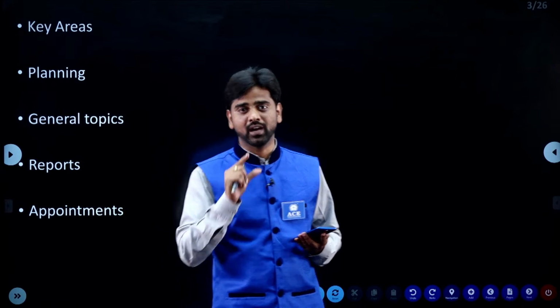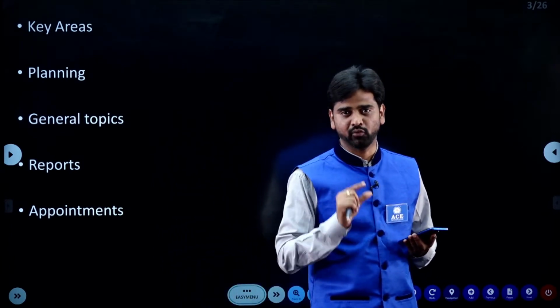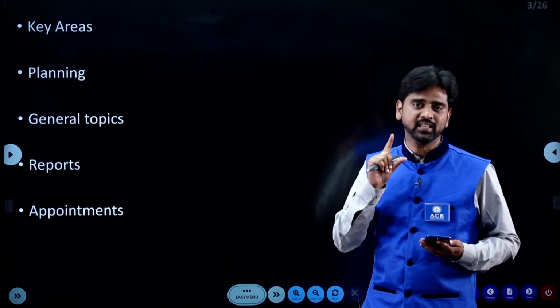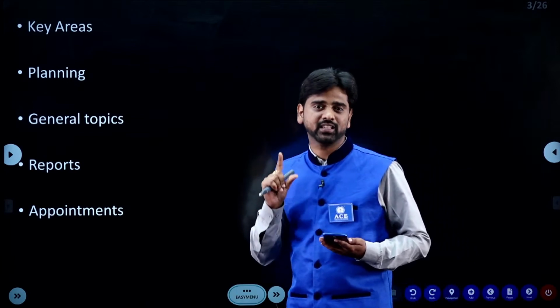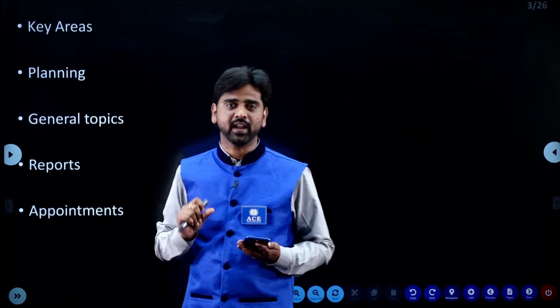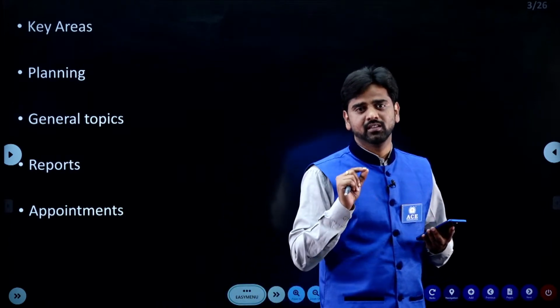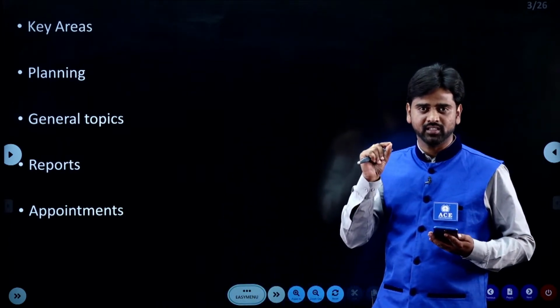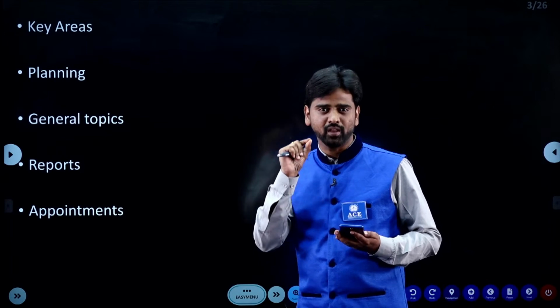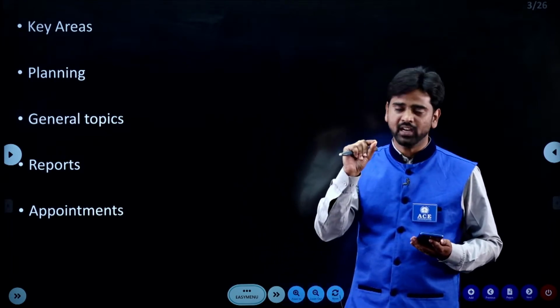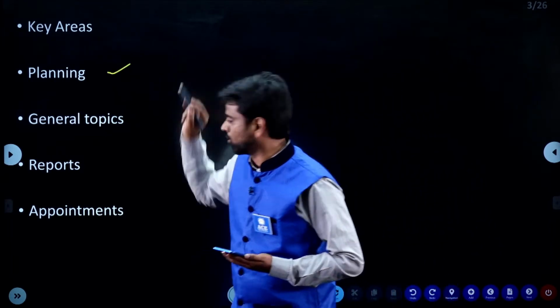So if you are a serious aspirant, please note that the highest weightage has been given to planning. As we get 2 or 3 bits from this SSC CGL examination, and since we have limited questions, mainly focus on this planning topic.